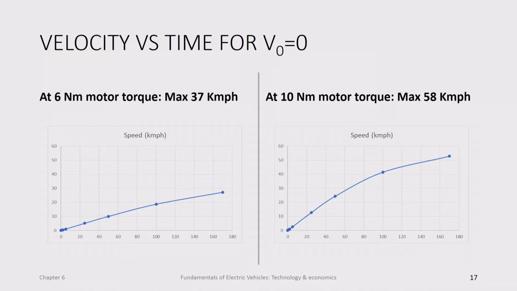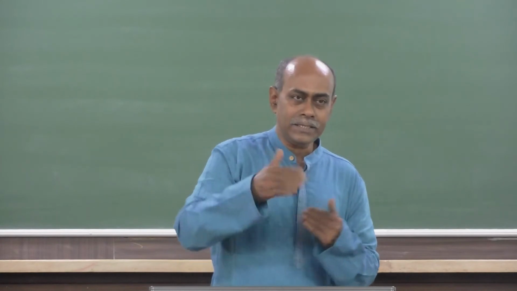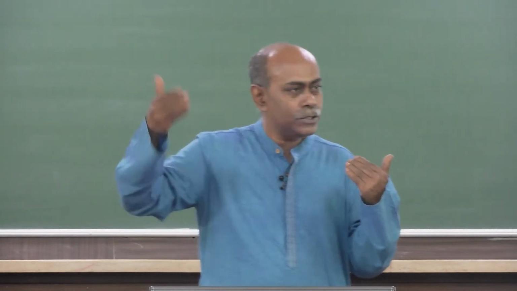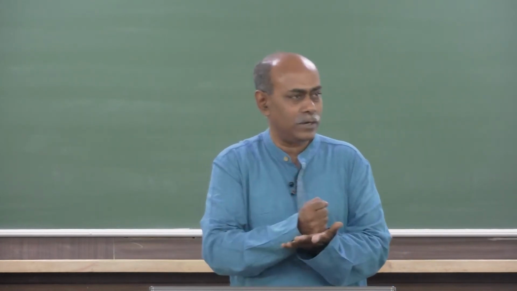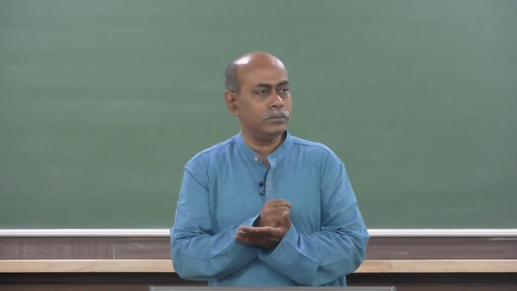It is not as if the speed is going to go on increasing forever and it will become infinite. No, it will always reach a certain threshold. And why does it happen so? Because of air drag. As the speed increases, air drag continuously increases and limits the speed and clamps it to a certain value. This is the interesting thing about air drag.